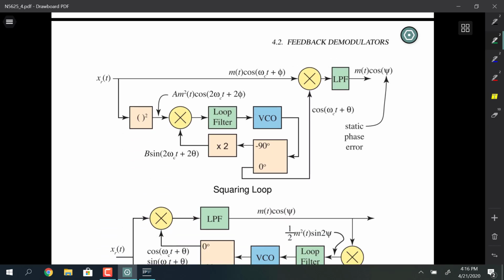So a squaring loop would look like this. So what you do is you square the signal. There's power in that signal, and when you square it, you're going to be sitting at the double frequency term. That's what we're interested in getting.